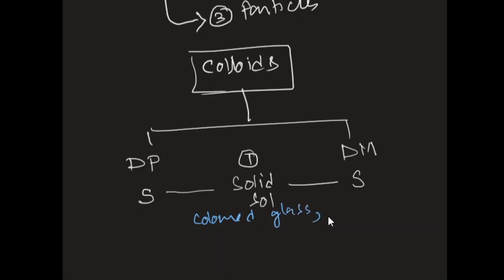Then gemstones. Both of them are solid. In this case, the dispersed phase is solid and the dispersion medium is also solid, so that is why it's called solid sol. This is type 1. Now, type 2 is solid liquid.